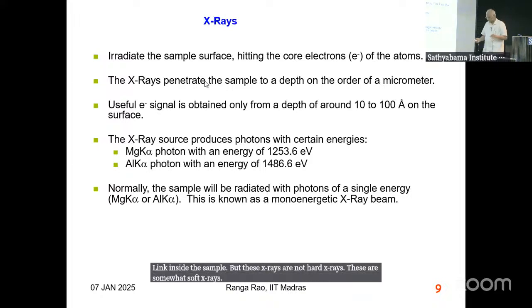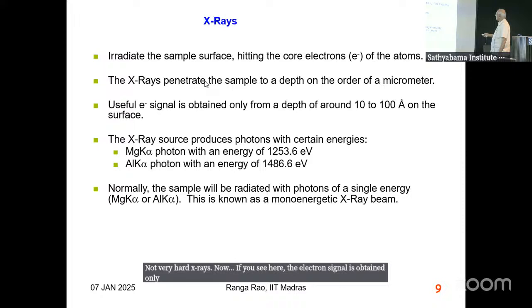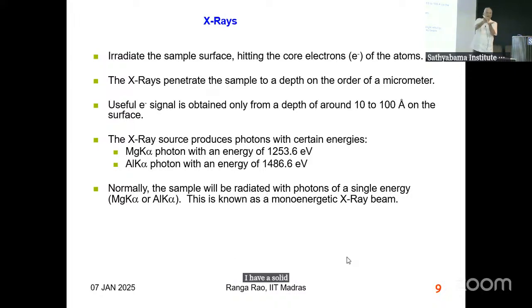Now, the electron signal is obtained only from a depth of around 10 to 100 angstroms. I have a solid, I shine X-rays of a known energy, and electrons come out. What is the depth of the sample from which the electrons come out?